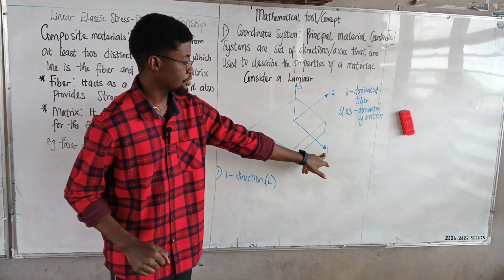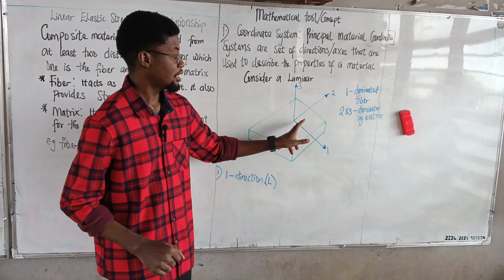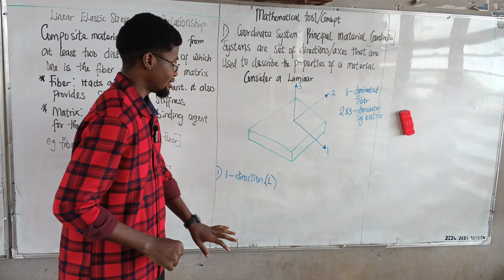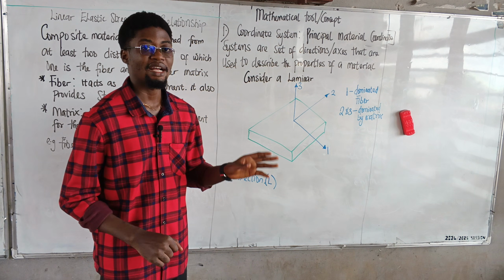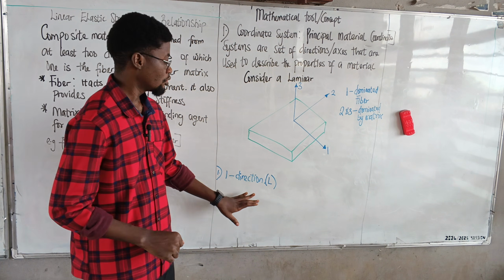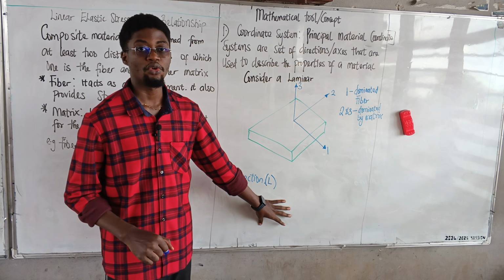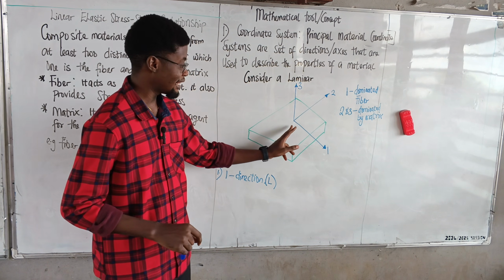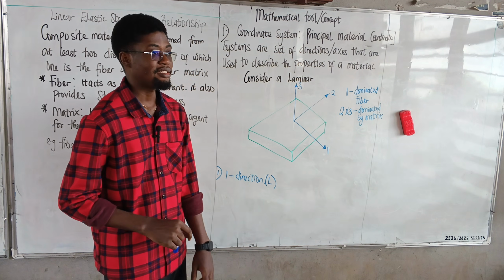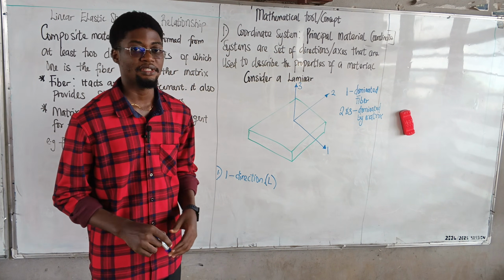It's usually the strongest and the stiffest direction. So every time you hear the 1 direction, it is the longitudinal direction, it is aligned with the fiber, and it is always the strongest and stiffest direction.